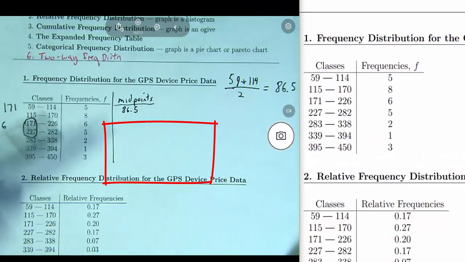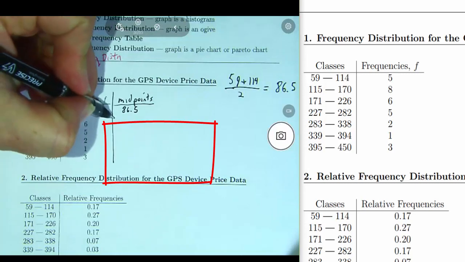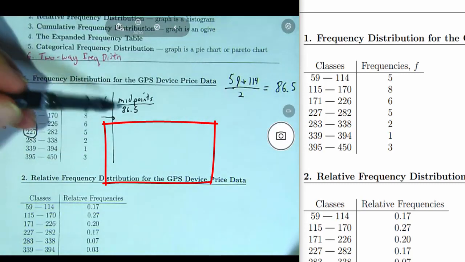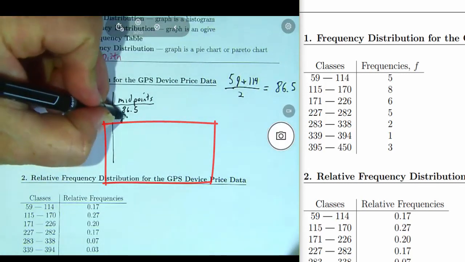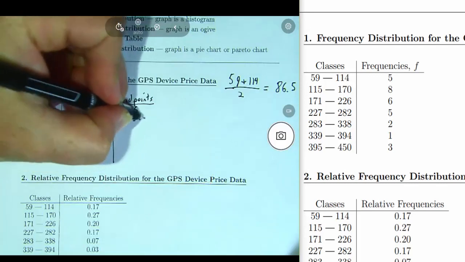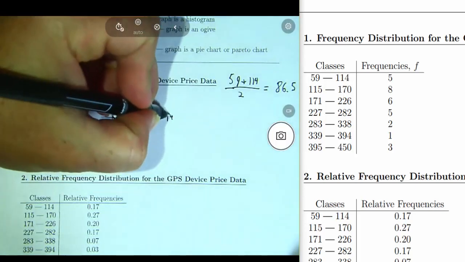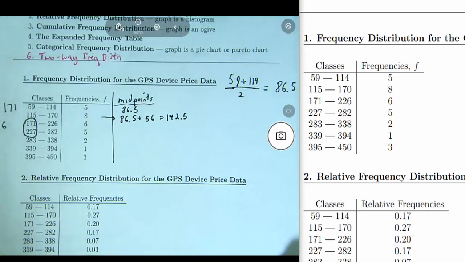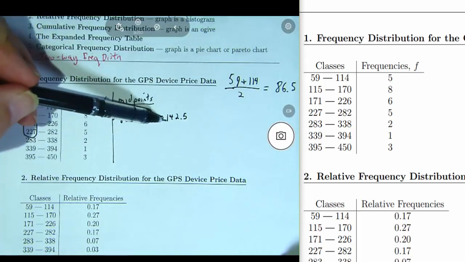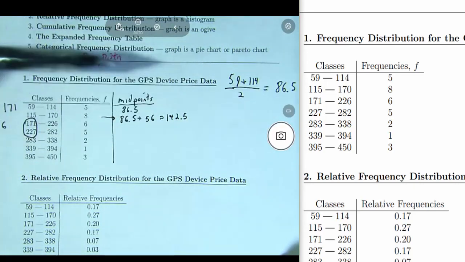So that means to get the next midpoint, or the midpoint of the next class, just need to add 56 to 86.5, and we're getting 142.5. We don't want to round midpoints up, so go ahead and add 56 to 142.5.